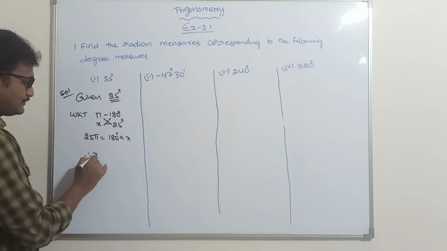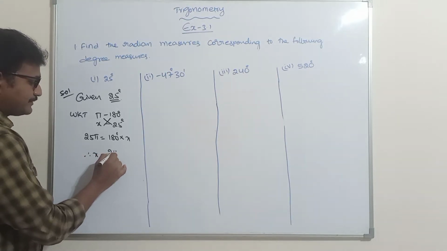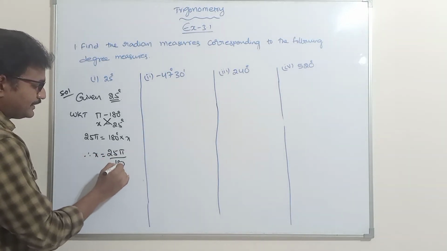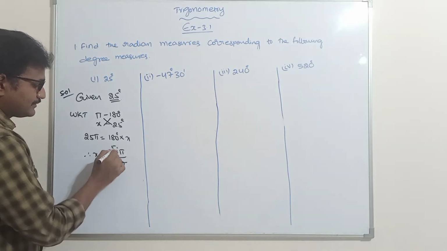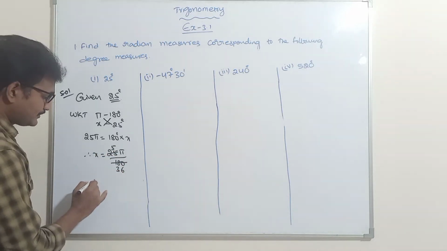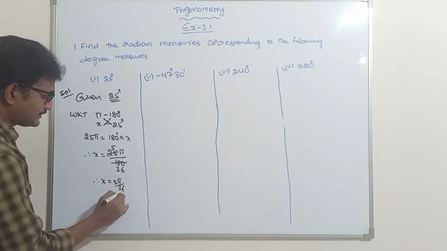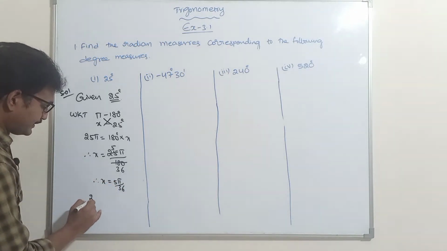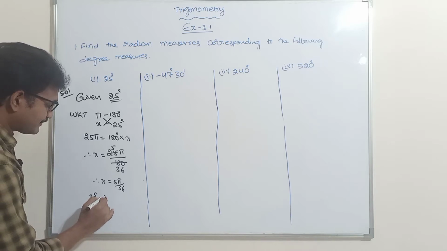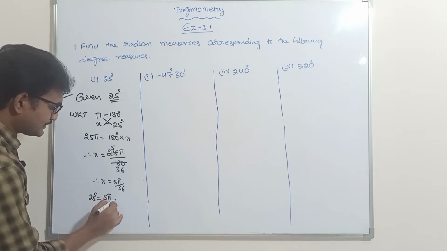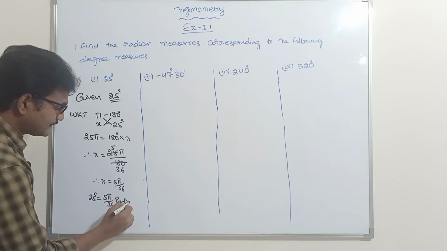Therefore, x is equal to 25 pi by 180. 5 5s are 25, 5 36s are 180. So x is equal to 5 pi by 36. So 25 degrees is equal to 5 pi by 36 radians.